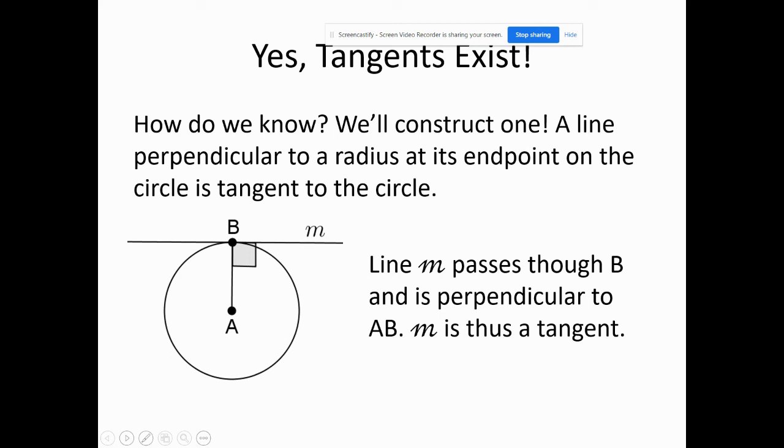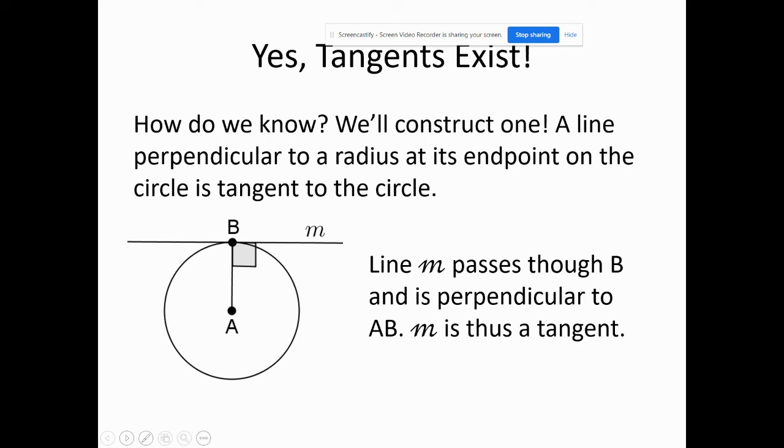And then let us construct line M through B perpendicular to AB. And these are all allowed constructions. We can construct a radius because we have the center and we have a point on the circle. And then we know that we can construct a perpendicular to a given segment. That's in the list of allowed constructions.